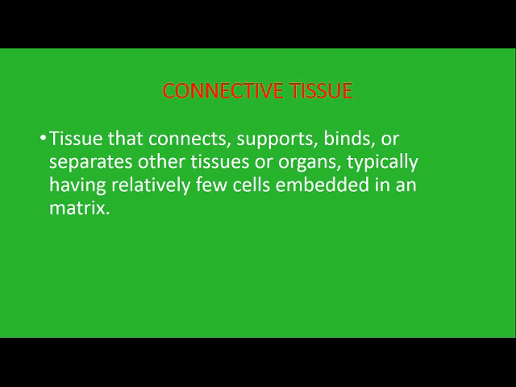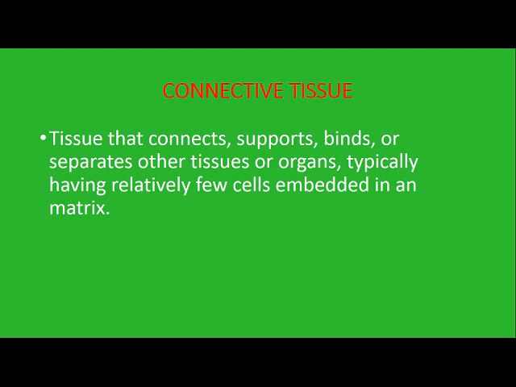Or somebody tries to pull your skin outward, does your skin come into the hand of that particular person? No. So our skin is very nicely stitched with the other parts of our body. So binding or separating other tissue or organ, and typically having relatively few cells.